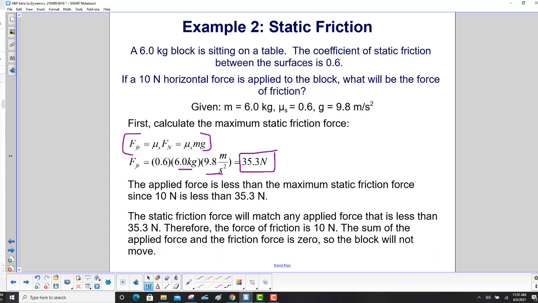The applied force is less than the maximum static friction force, since 10 newtons is less than 35.3 newtons. The static friction force will match any applied force that is less than 35.3 newtons. Therefore, the force of friction is 10 newtons. Furthermore, the sum of the applied force and the friction force is 0, so the block will not move.